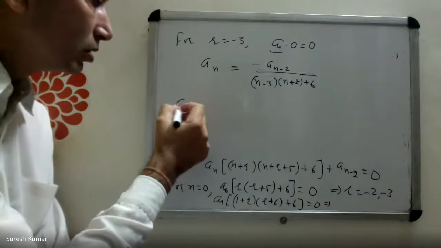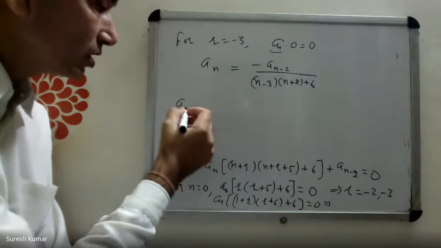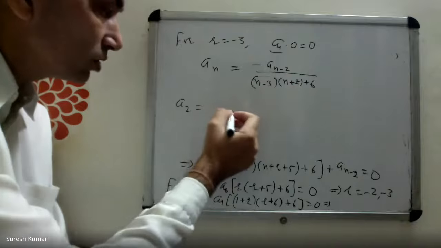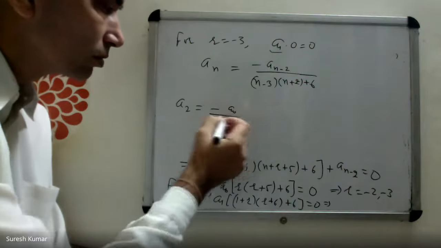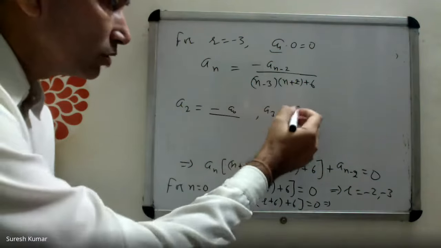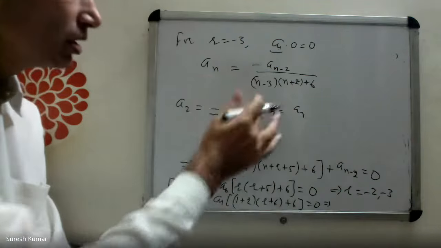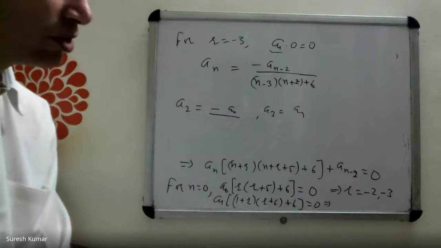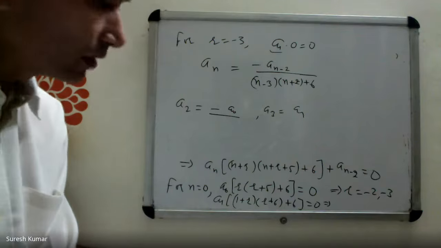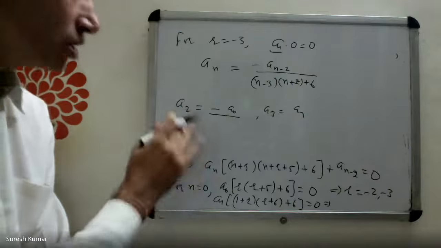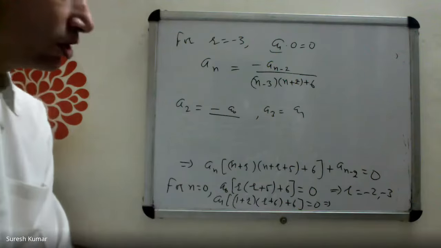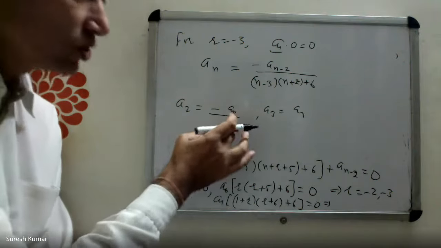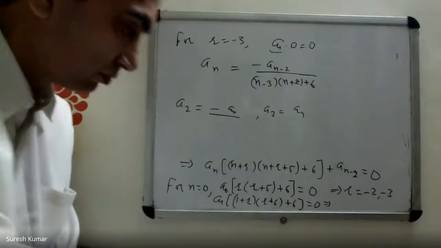Now start calculating A2, A3, etc. A2 will be in terms of A0, A3 will be in terms of A1. The good thing here is that now A3 doesn't vanish like the earlier problems. A1 is arbitrary. So if you continue, all the coefficients are obtained in terms of A0 and A1.